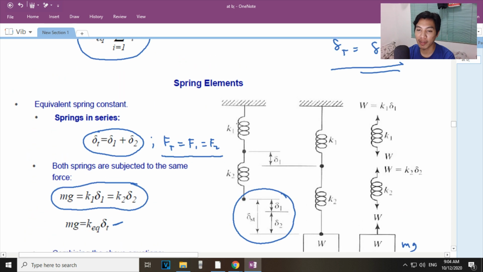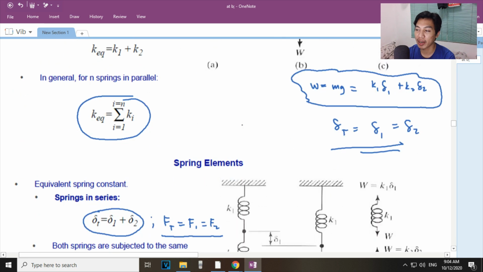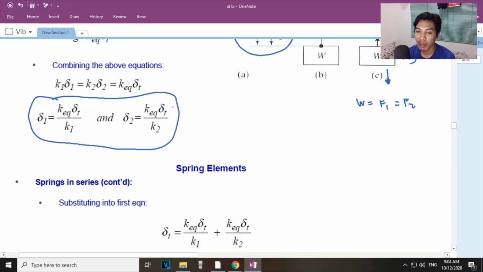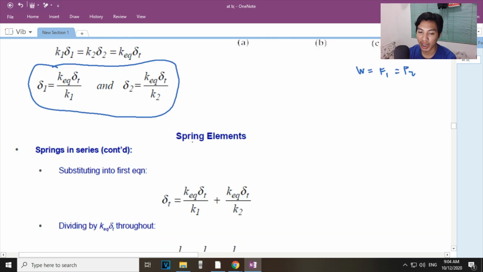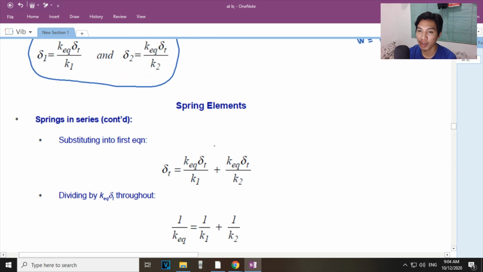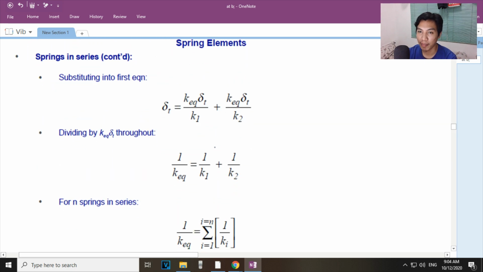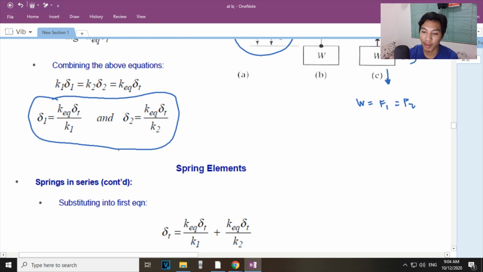So, na-arrive na tayo from parallel to springs in series. Now, we will have them continued. So, we substitute the equations mula dito, di ba? Coming from yung total mo is ganyan. Additive yung kanyang deflections. So, ito yung 1. Okay? Ito yung 2.